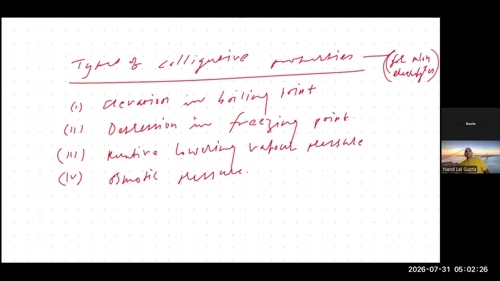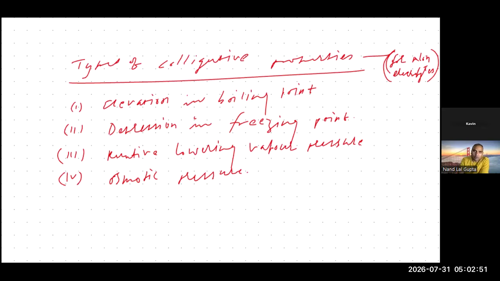If you take an electrolyte like NaCl, one molecule put in water becomes Na plus and Cl minus, two particles. So colligative properties will change, because the number of particles should not change. So elevation in boiling point, depression in freezing point, relative lowering of vapor pressure, osmotic pressure, these are the colligative properties.